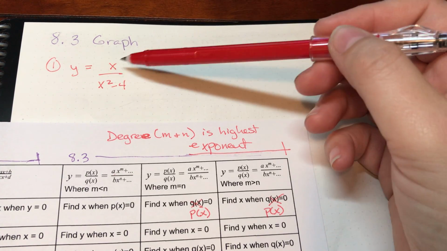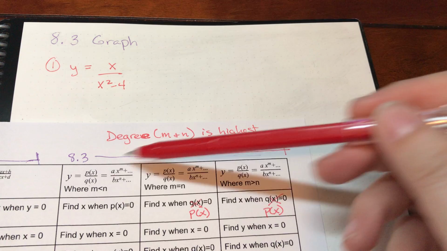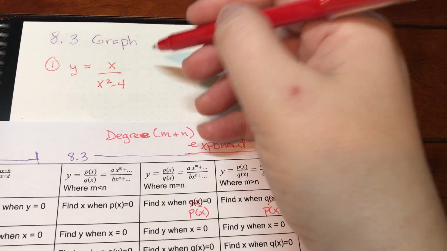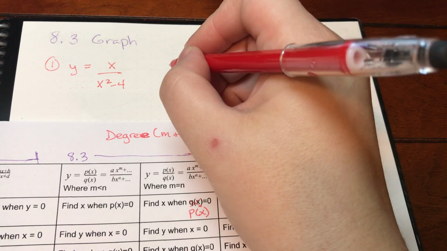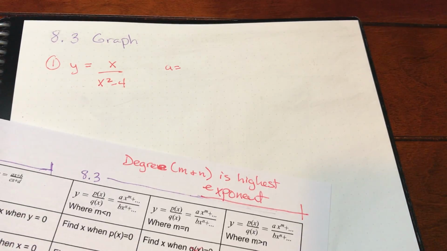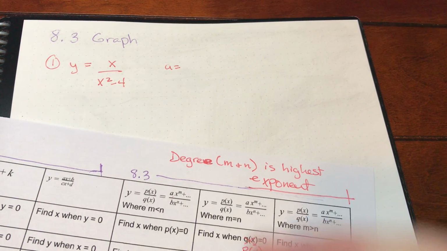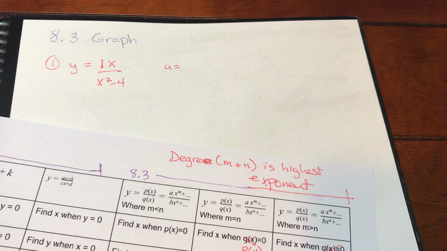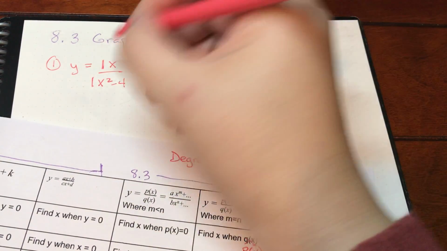Okay, so I'm going to look at this, and I know it's one of these three. Now I'm going to pull out my A. My A is the leading coefficient, which is going to be 1. And the leading coefficient down here is 1.